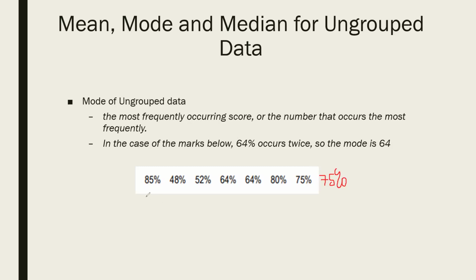If we check in this modified data, there are 2 numbers that have been repeated the most number of times. So there's 64% and there's 75%. They are repeated twice, 2 times.